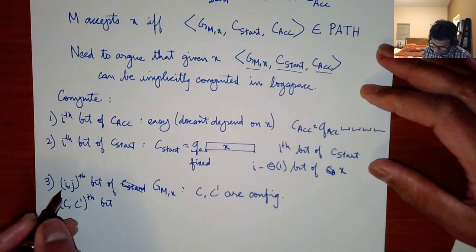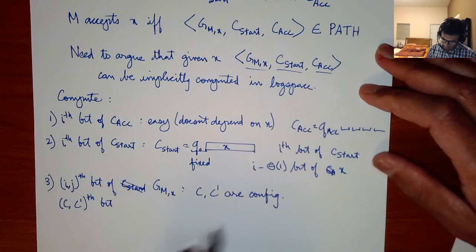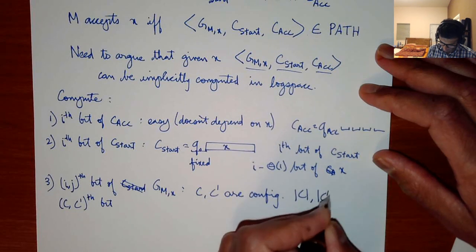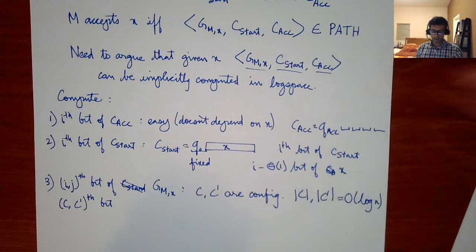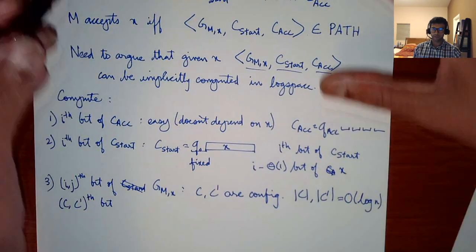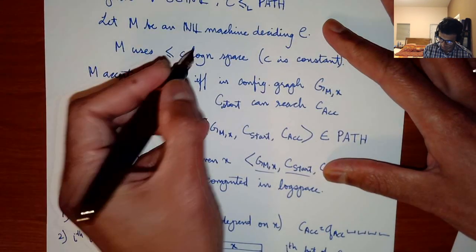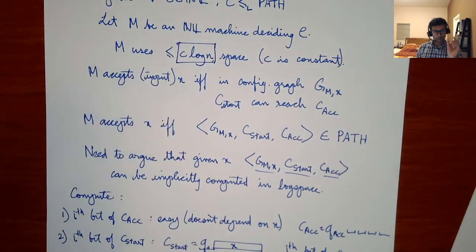And of course, note that the size of C and the size of C prime is O of log n, because that's what you need to store a configuration, because the machine uses log n space. So the configurations all have size log n. This is important.